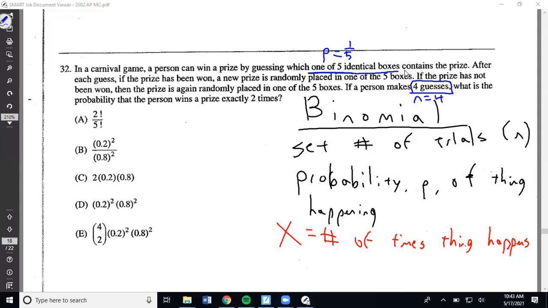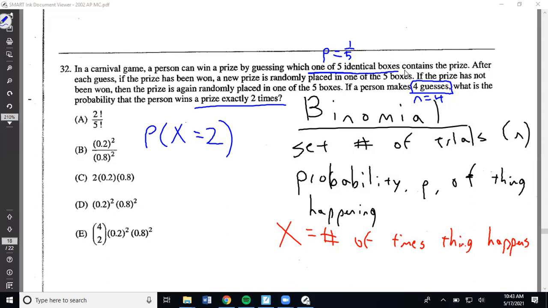So we know it's binomial because we have a number of trials, 4 times that we're going to attempt the thing, and a probability of the thing happening, which is 1/5. And we're keeping track of how many prizes I win. So the probability that the person wins the prize exactly 2 times is the probability that X equals 2. That's how I know it's a binomial distribution.